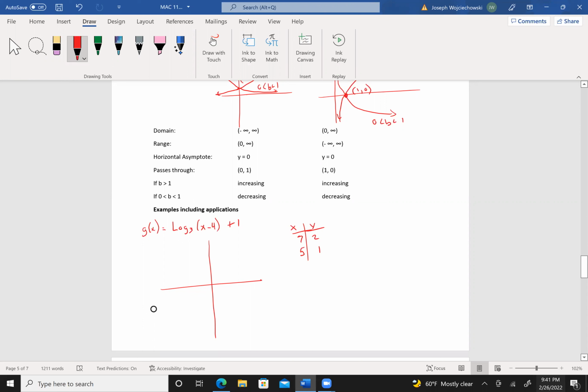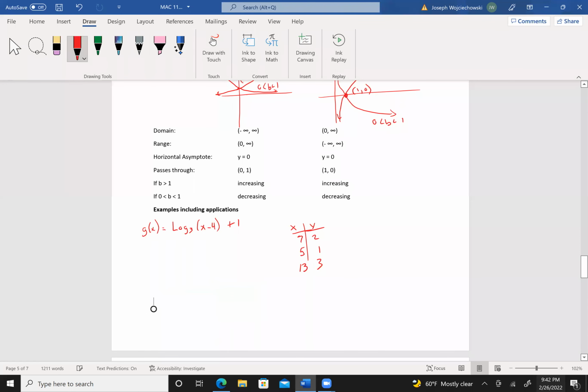So let's see, what about 9? No, not 9. How about 13? This would be log base 3 of 9, which would be 2, plus 1, or 3.